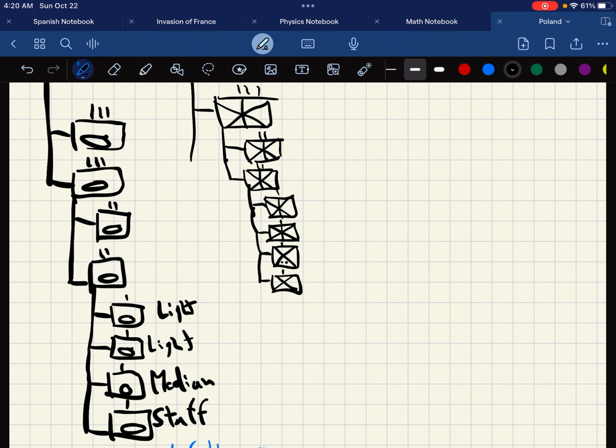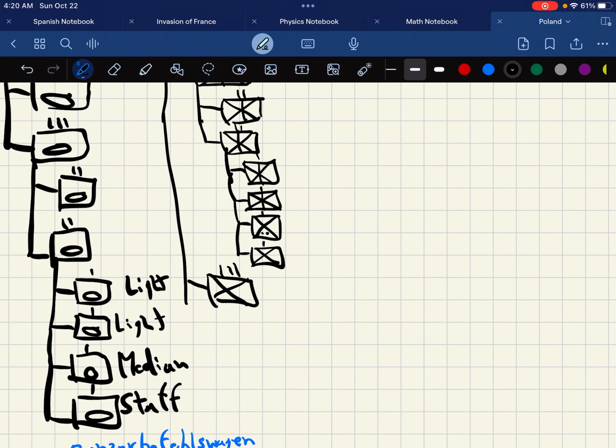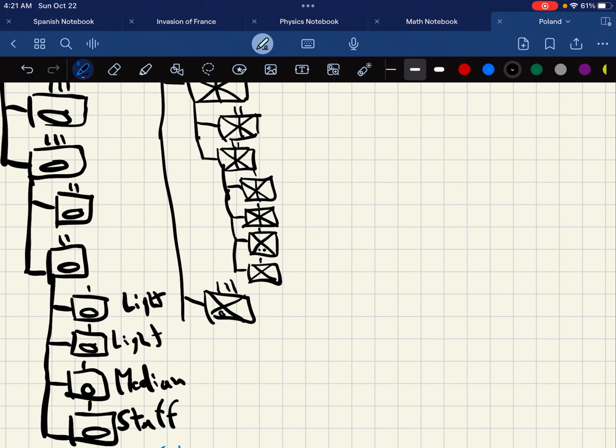And then there's this, and the other regiment is actually a motorcycle regiment. This is motorcycle.